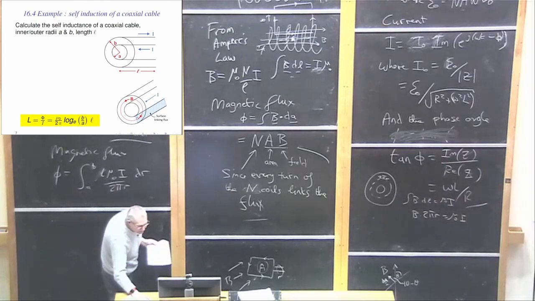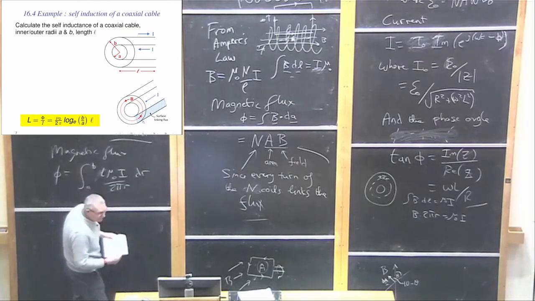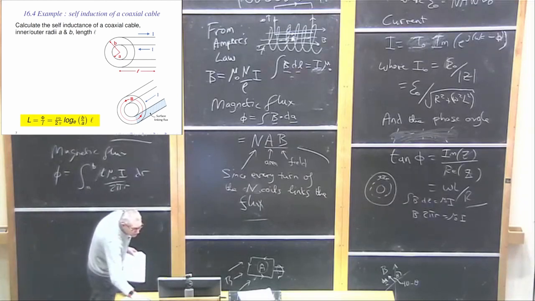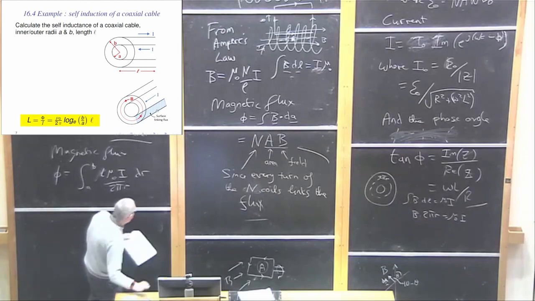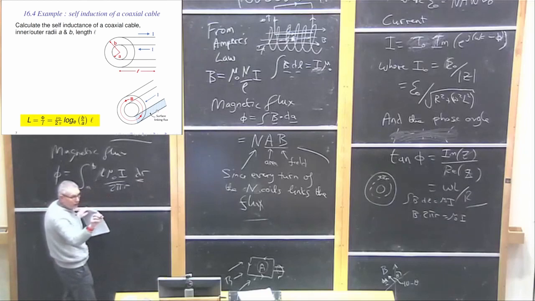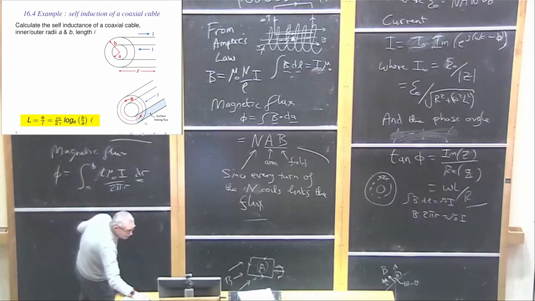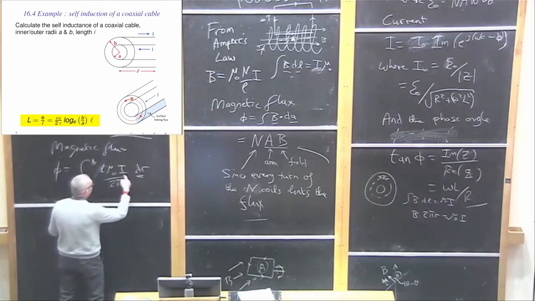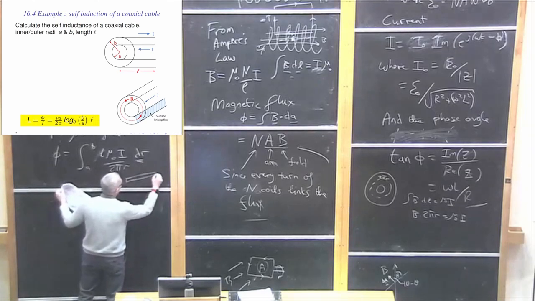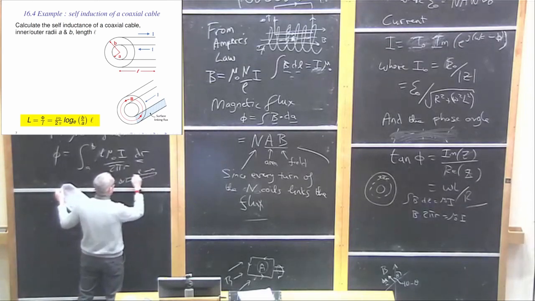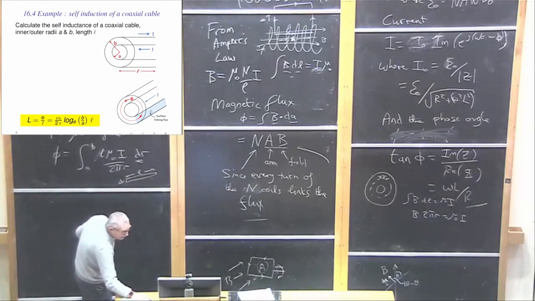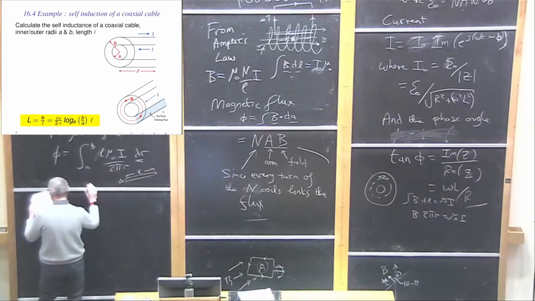The field changes in this gap, so I have to integrate from A to B over this area, which has length L and a thickness dr. It's sort of like an element of area, dr times L, and I'm integrating over the whole surface.